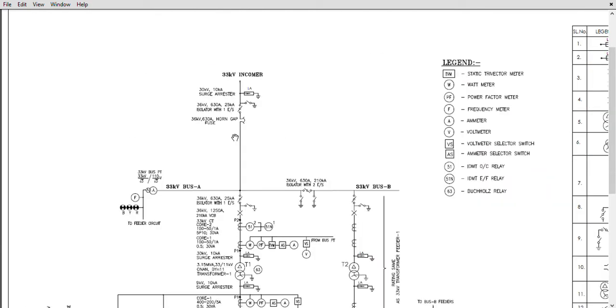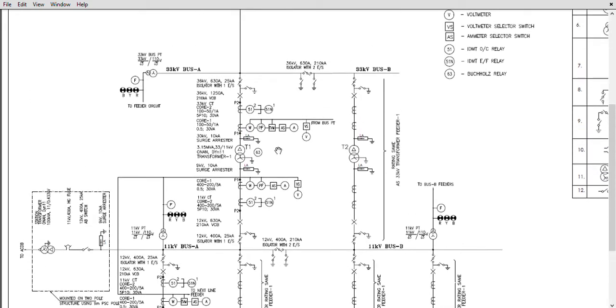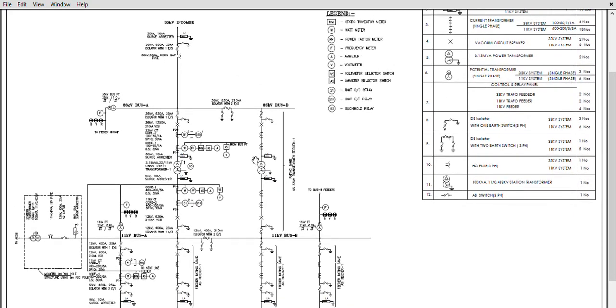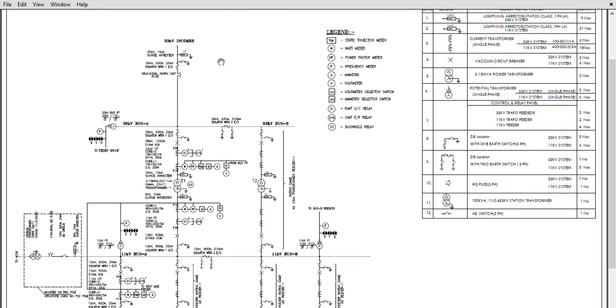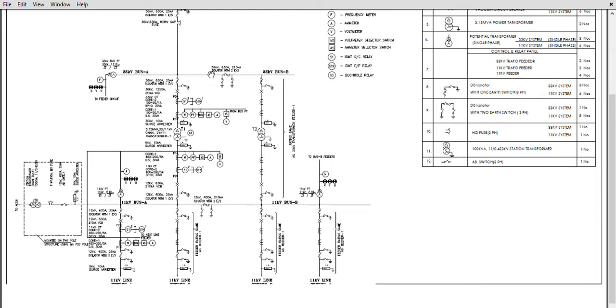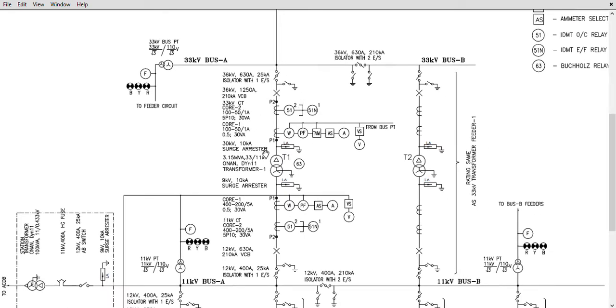As I told you, this is a 33 by 11 kV substation I have considered. By looking at this single line diagram, we can know we have, see here, one 33 kV incomer, or we call it an incoming bay or feeder bay, and this is a 33 kV bus. Here this entire bay is a 33 kV transformer bay.